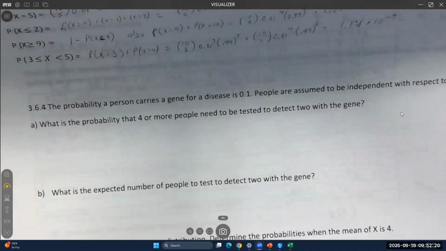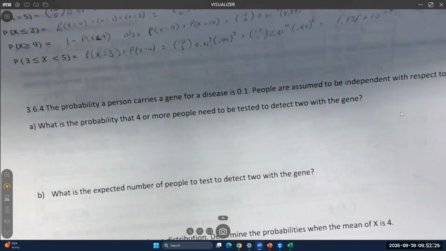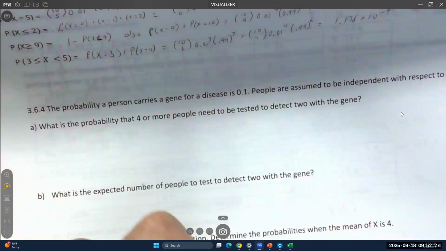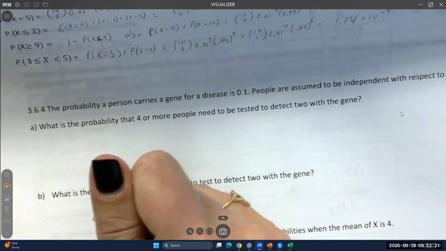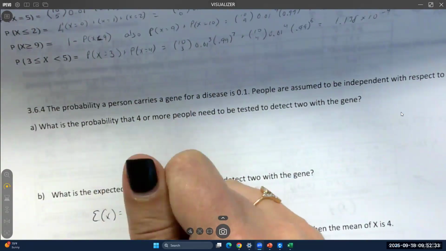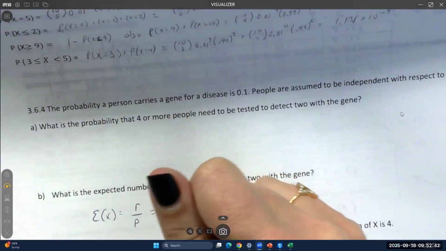So let's start with part B first, because it's really easy. My formula for the expected value of a negative binomial is just r over p. The r that I'm looking for is given to me as two successes, 2 people have the gene.